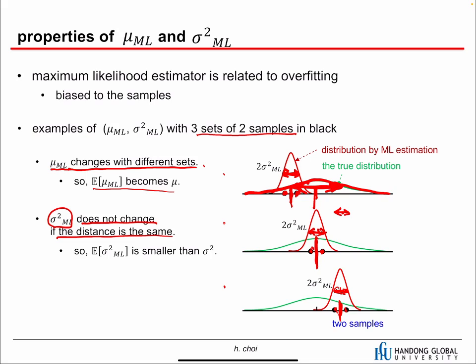Then the expectation will be this one. So it's the same as the MLE variance estimator, and this expectation is smaller than sigma square. So each MLE is kind of overfitted to the samples. That's the limit of the maximum likelihood estimator.